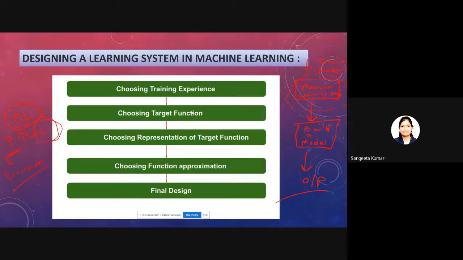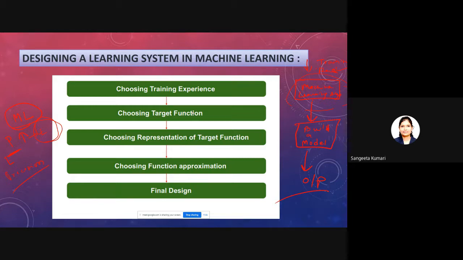So here, once you have properly represented the target function, many times, as we are discussing the game problem, an optimized move is not possible. It's not going to be the best move, right? So how your opponent is playing, on the basis of that, finding that best move is choosing the approximation algorithm, because the optimized move is not the one which you are thinking.